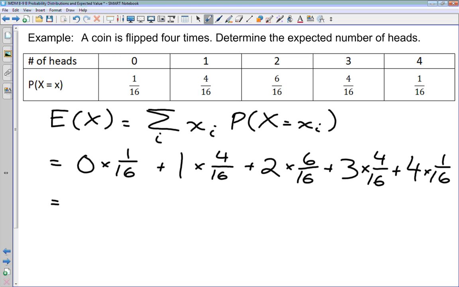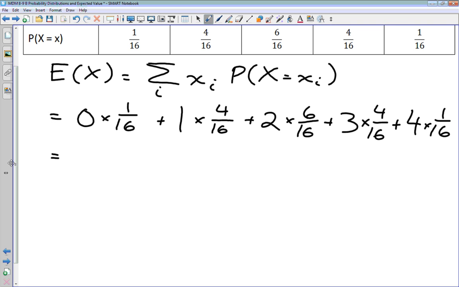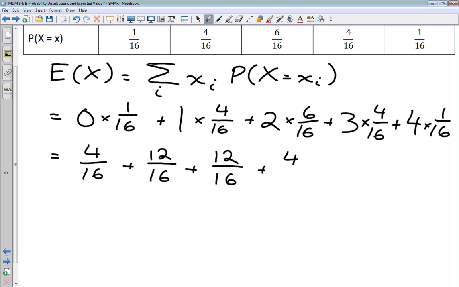Now we want to do this multiplication and then add everything up. This first term is just going to go away because I'm multiplying by 0. I'm going to get 4 over 16 plus 12 over 16 plus 12 over 16 plus 4 over 16.